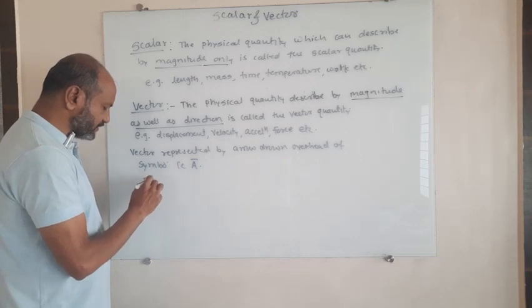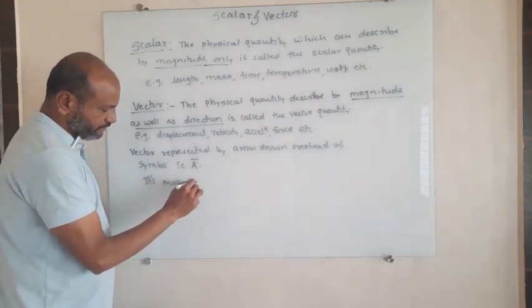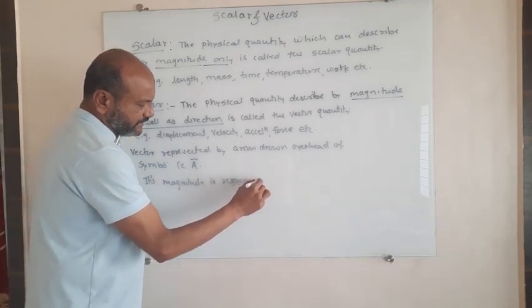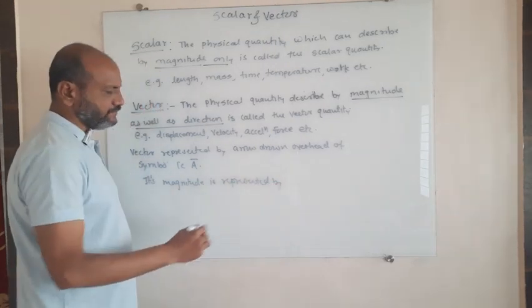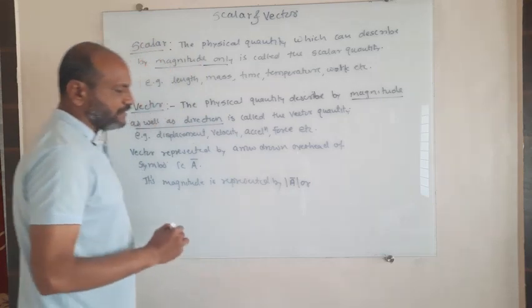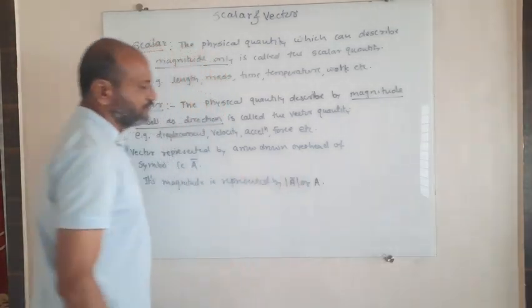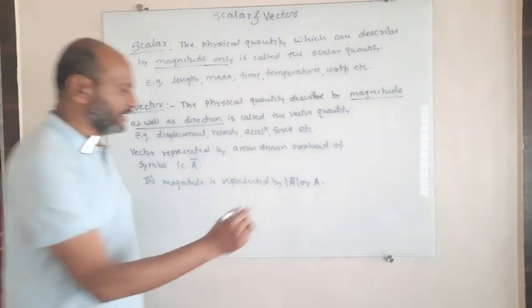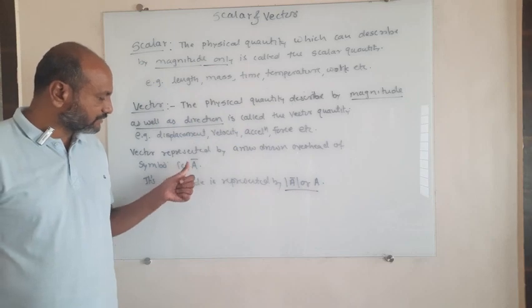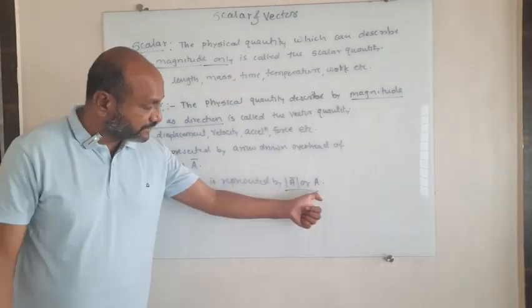Its magnitude is represented by the modulus of the vector or A only. The vector represents magnitude as well as direction of a physical quantity, and this represents only the magnitude.